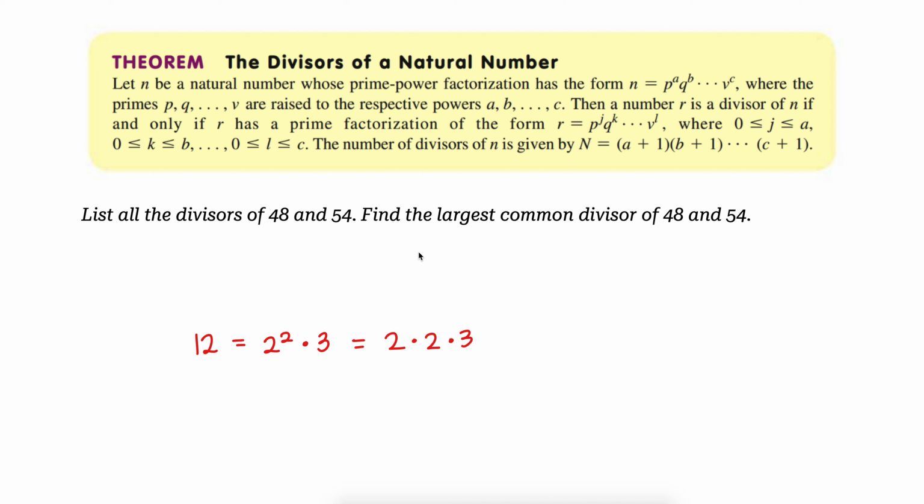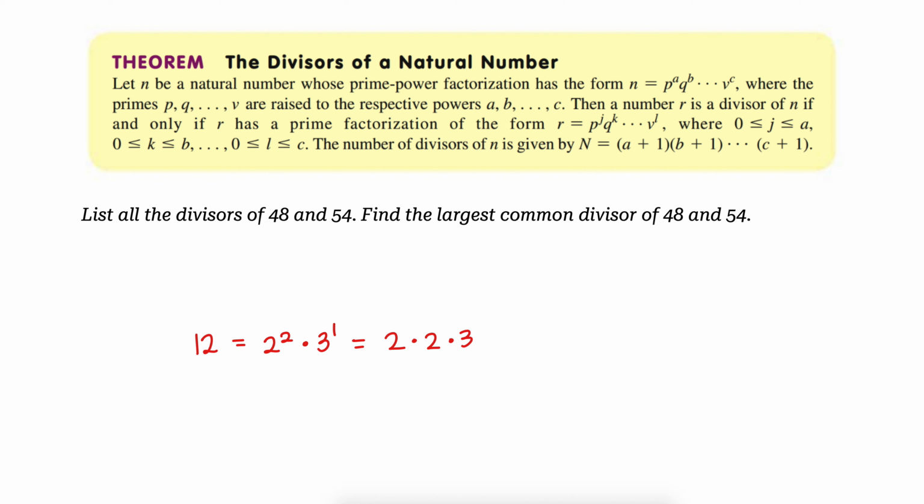The other part of what this theorem says is it gives us the total number of divisors. The way you find the number of divisors is you're going to take the exponents for each of the prime factors and add 1 to them. So we have 2 plus 1, that would be 3. And 3 is technically raised to the first power, we just don't write it.